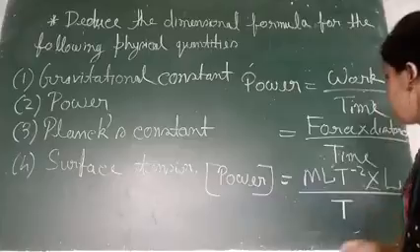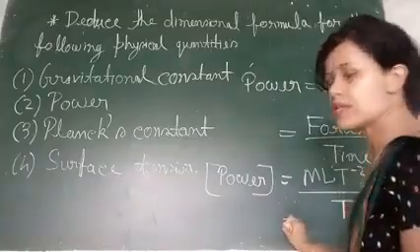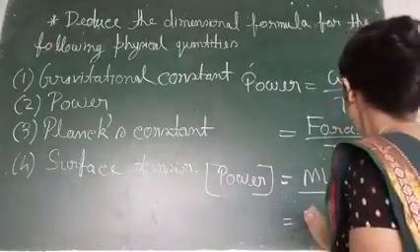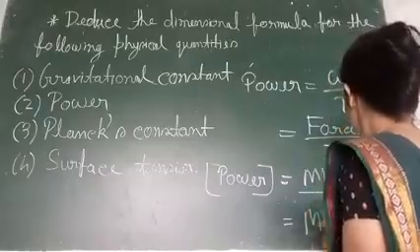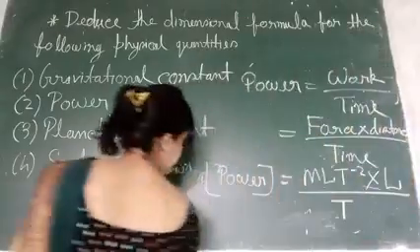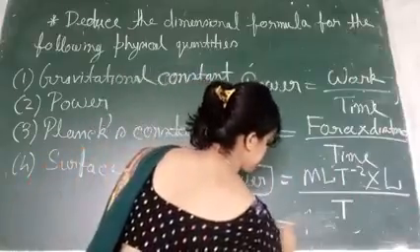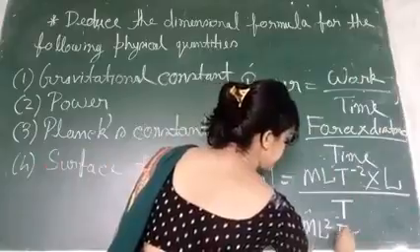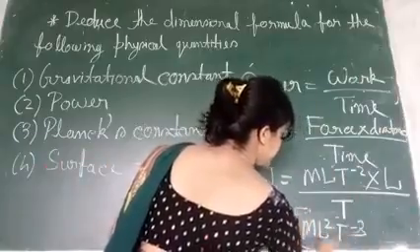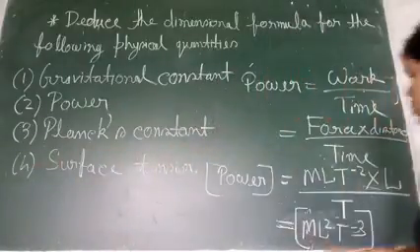So what will be the result actually here? The result will be M L square T to the power minus 3. This will be the result for the dimensional formula of power.